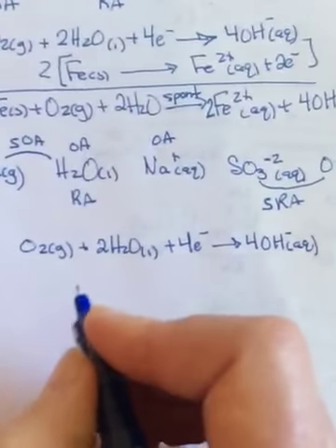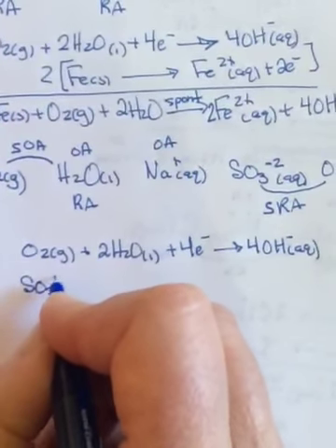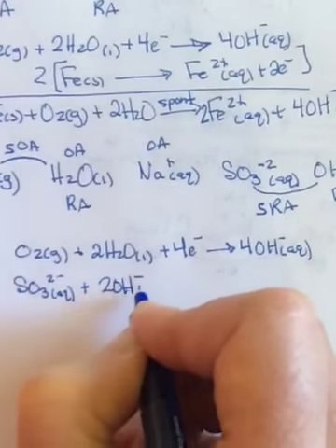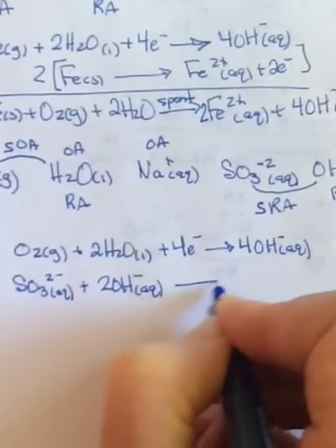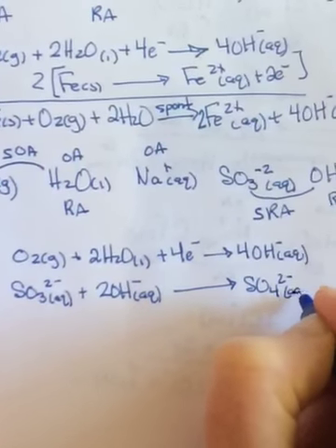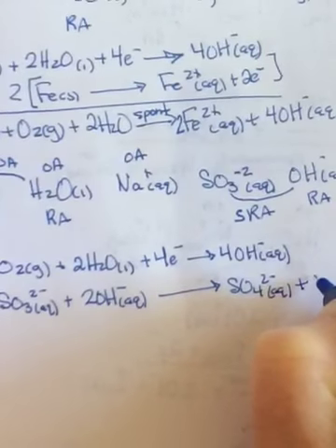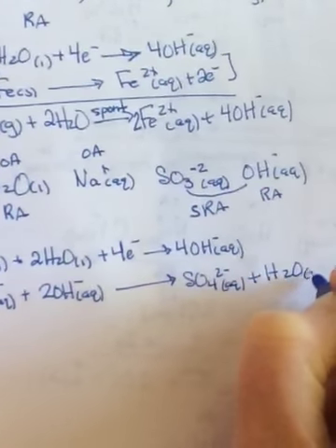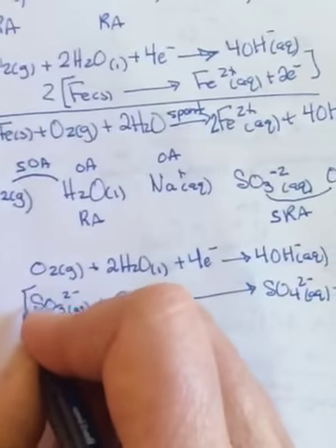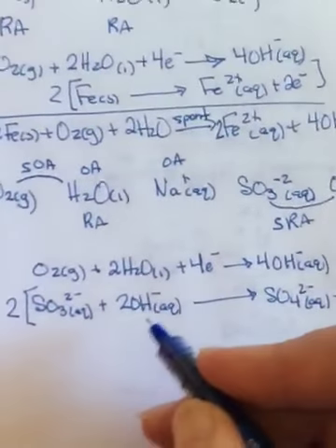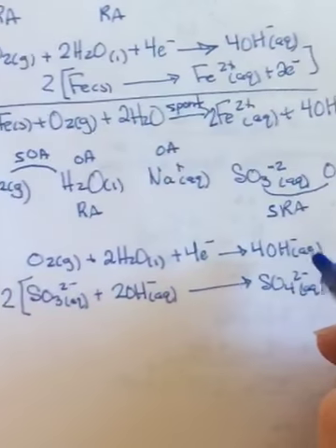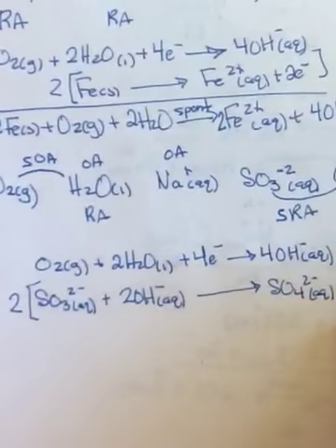And then the SO3 one is SO3 2 negative aqueous plus 2 OH negative aqueous going to SO4 2 negative aqueous plus water plus 2 electrons. So again, the bottom one is going to need to be multiplied by 2. And look what happens when I multiply the bottom one by 2. Not only are the electrons going to cancel out, but the OHs are going to cancel out as well.